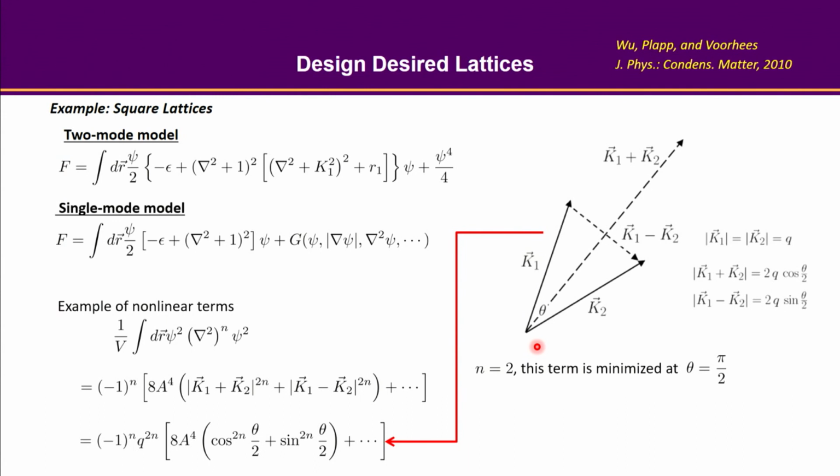But now if they pick up two wave vectors with an angle in between that's 90 degrees, it's going to lower the energy, right? So that mode is going to be enhanced. So in the end, in 2D, instead of having a triangular lattice, you can have this square lattice because they favor forming wave vectors separated by 90 degrees.